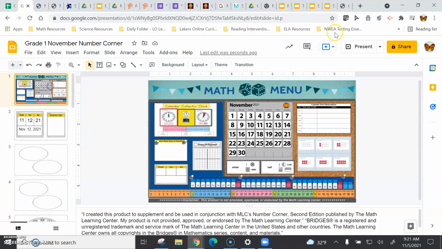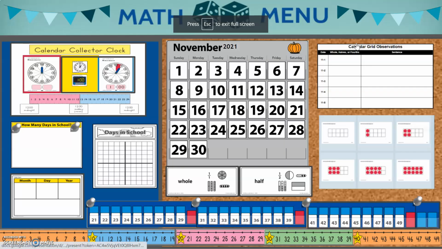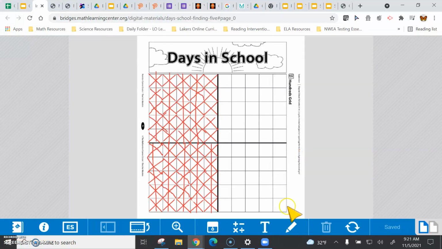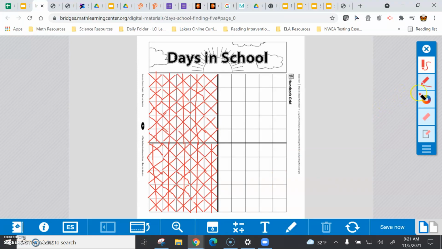Let's move on. We have more to do on our calendar for the day. It's time for us to look at our days in school. We made it to the 50th day of school yesterday. So today is going to be day 51.